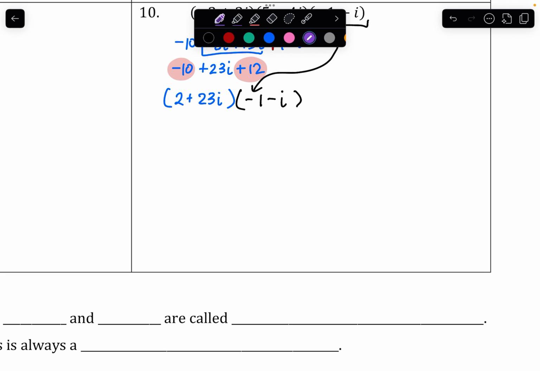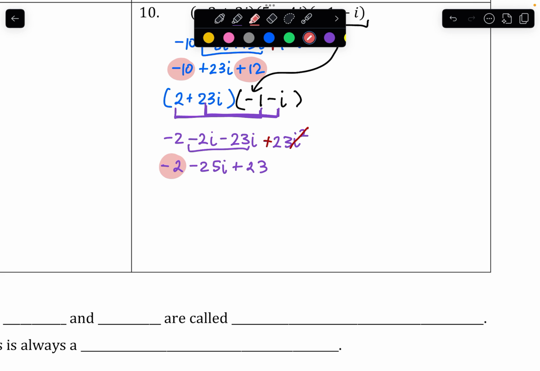Okay, and so now when we multiply these, first, -2, outside is -2i, inside is -23i, and last would be -23i squared. i squared is -1, and so I get -2 minus 25i, and then plus 23. Combining the real parts, I get 21, and then the minus 25i.